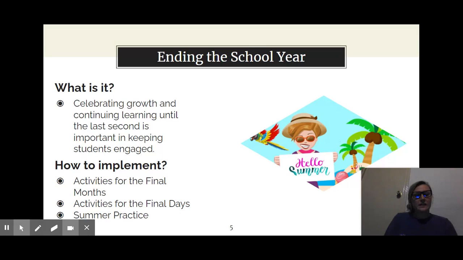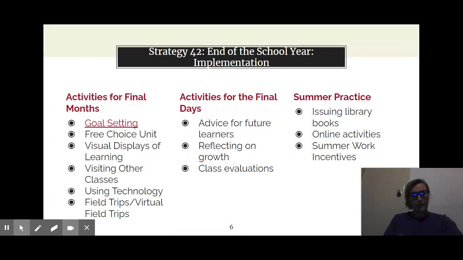This strategy explores activities for the final months of school, activities for the final days of school, and some ideas for summer practice. Some activities for the final month include goal setting, include free choice units where students are free to make their own decision on the learning that they engage in.